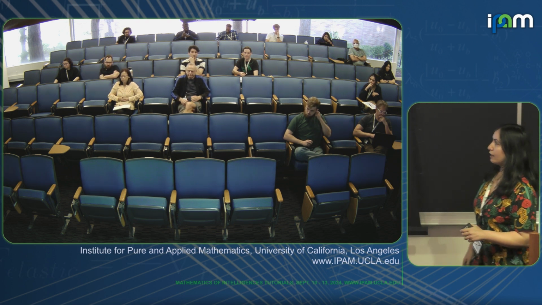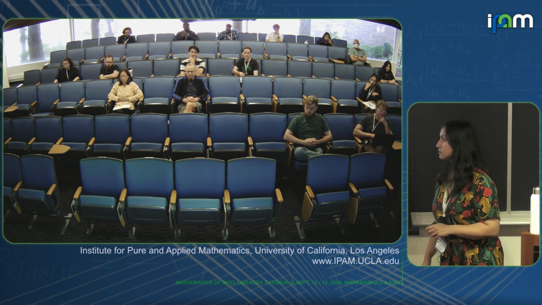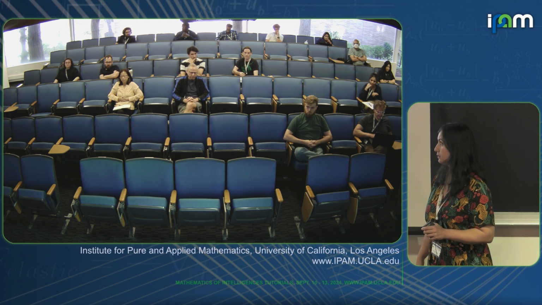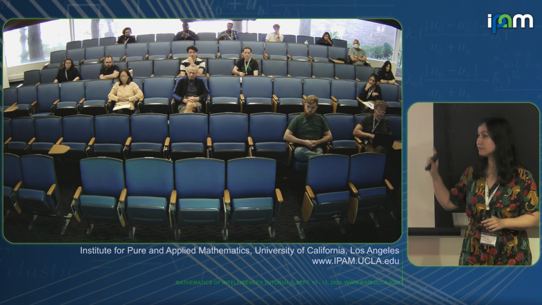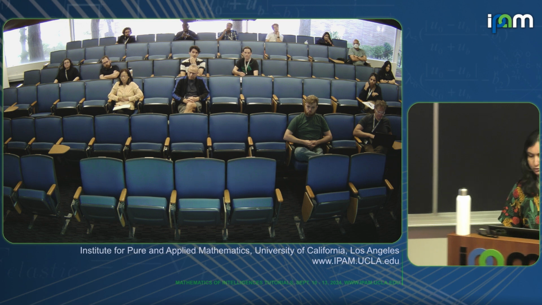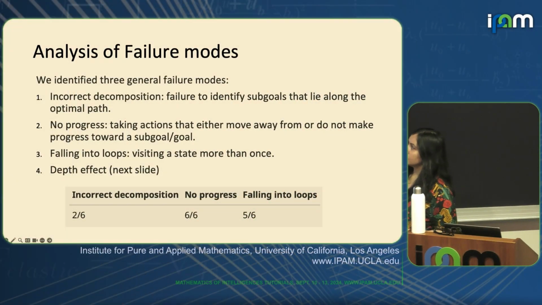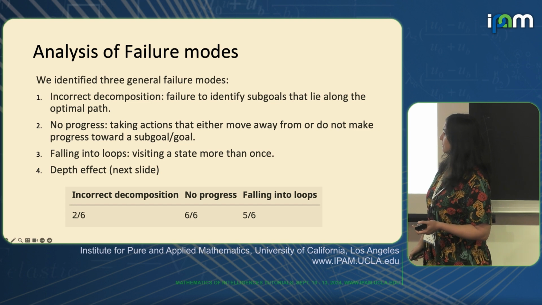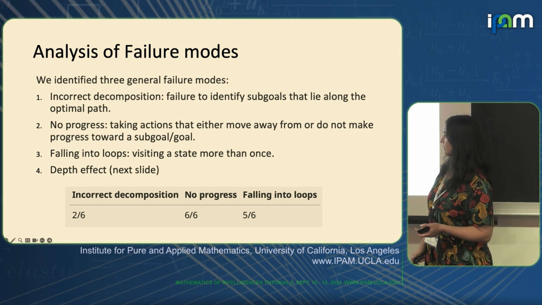Unfortunately I don't have a slide, but we could potentially show you those if you're interested in actually working on it. I have some of the failure modes in a slide, so let me show you the failure mode slide that I have. When we analyzed failure modes, we identified 3 general failure modes, out of, I think, 100 or something, I'm not sure.